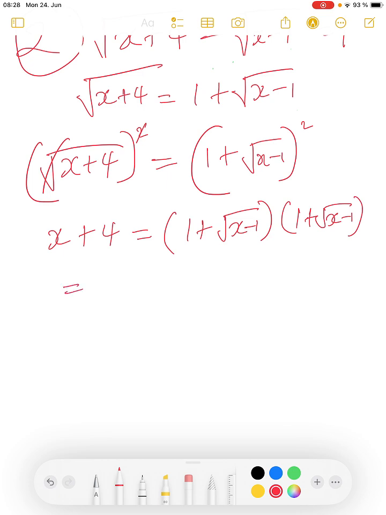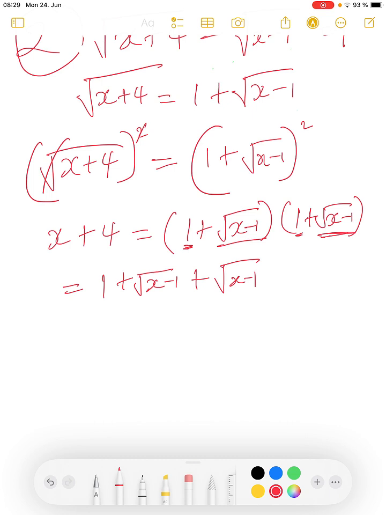When we multiply, we have 1 times 1, which is 1. 1 times root x minus 1 is the same, root x minus 1. Then root x minus 1 times 1 is still root x minus 1. Then root x minus 1 times root x minus 1 is the same value.